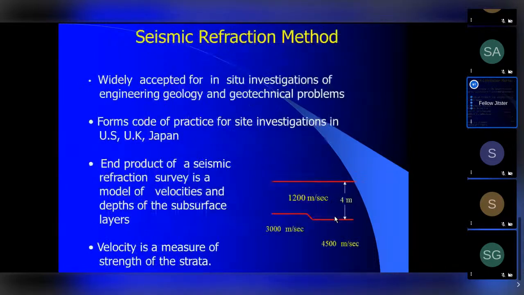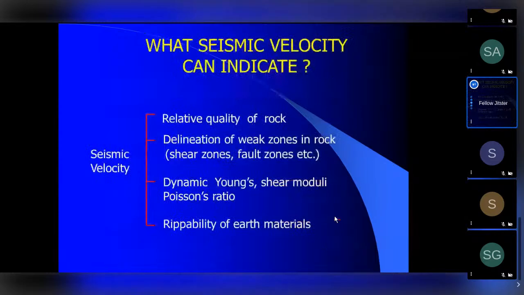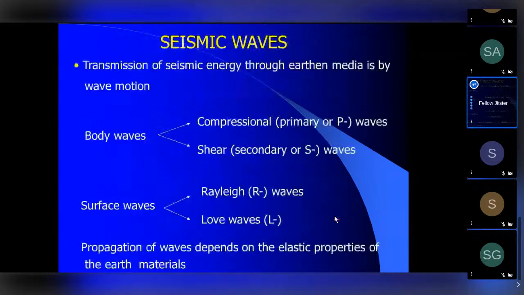For example, at 1200 meters per second, you can put a machine there and scoop it up. But it will be very difficult to scoop up rock having a velocity of 4500 meters per second. You need to blast or fracture it, whatever you want to do. You must have seen they put the jackhammer and make holes, make big boulders, and take them out. That is what they do.